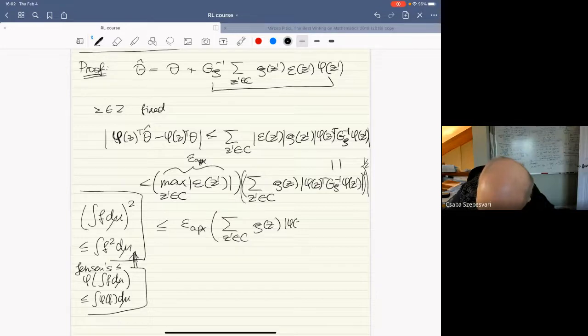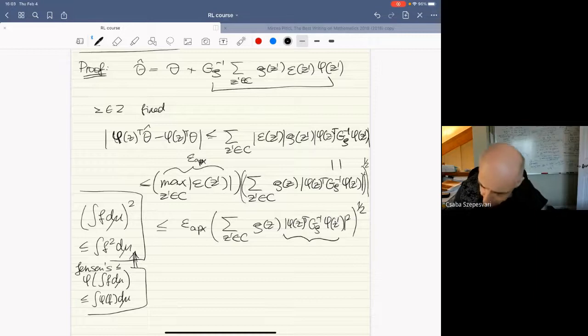Once you move the square inside, you have this square there and a square root outside. And you may notice that this can be written as the product with itself, which we can write in this form.